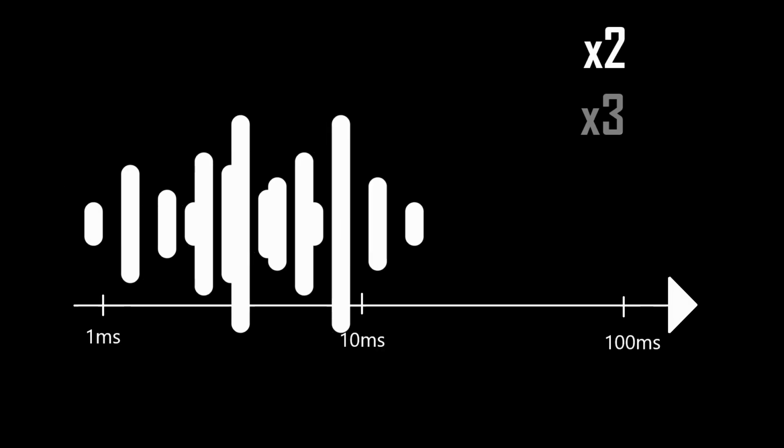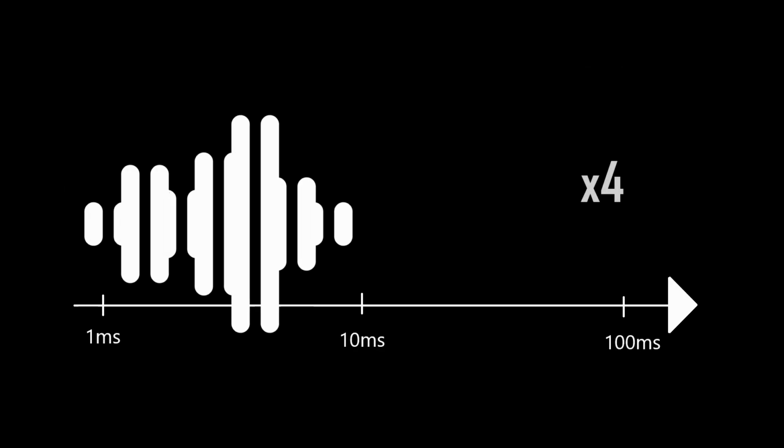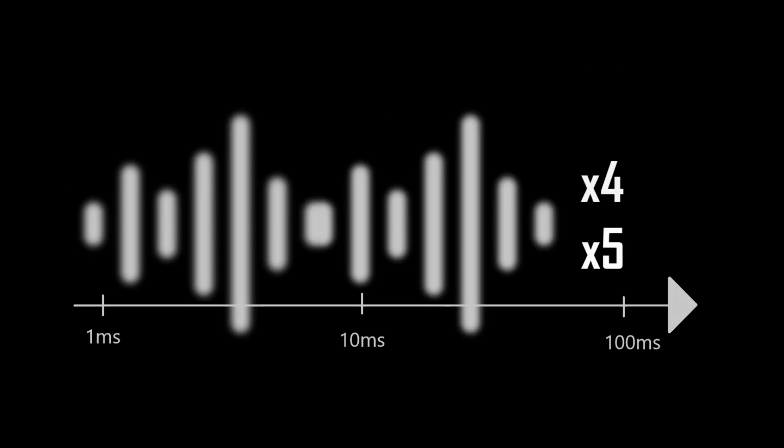This is done multiple times, depending on the type of the filter. By mixing this delayed copy with the original dry signal, we create interference that amplifies or attenuates specific frequencies. This is the foundation of a finite impulse response filter, or FIR filter for short.